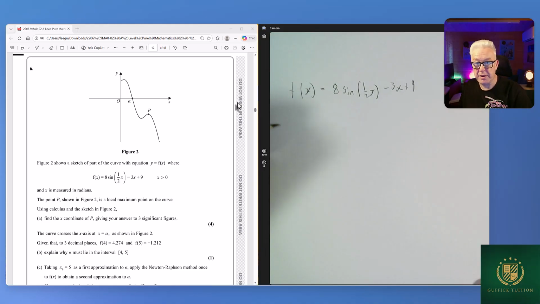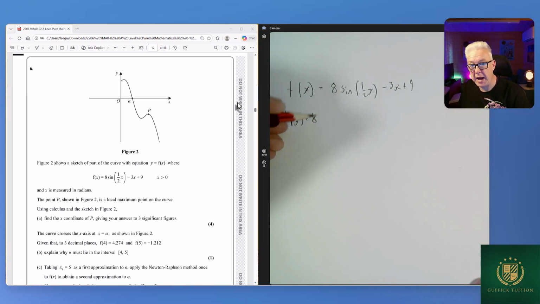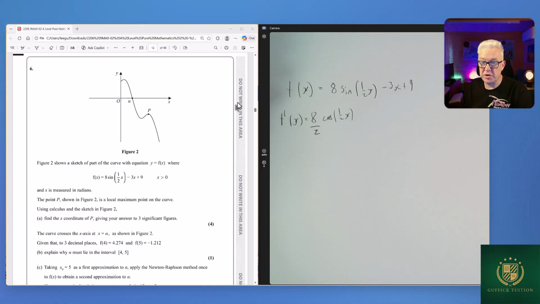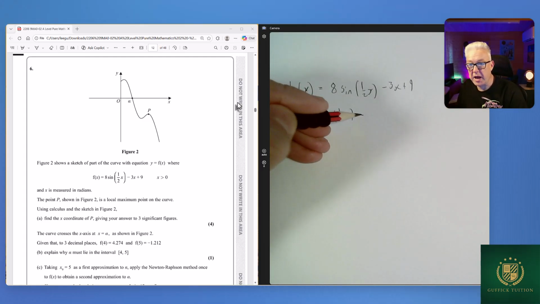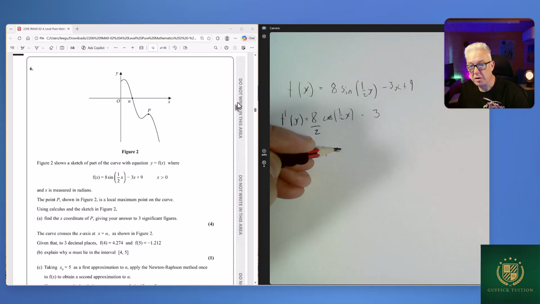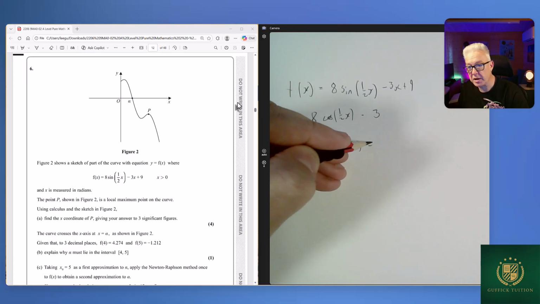Therefore our f dashed of x is going to equal 8 times cos(1/2 x), and we need to times that by the derivative of the inner function, which is 1/2, and then minus 3, and the 9 disappears. So f dashed of x equals 4 cos(1/2 x) minus 3.